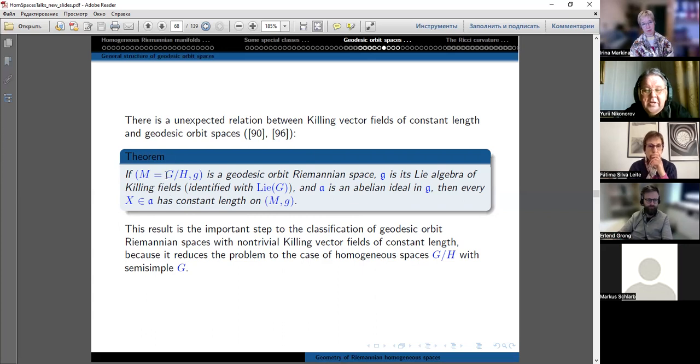If G mod H is a geodesic orbit Riemannian space, G is the Lie algebra of Killing fields, which we identify with the Lie algebra of the group G, and A is an abelian ideal of G, then every vector field from A has constant length on this geodesic orbit Riemannian space.